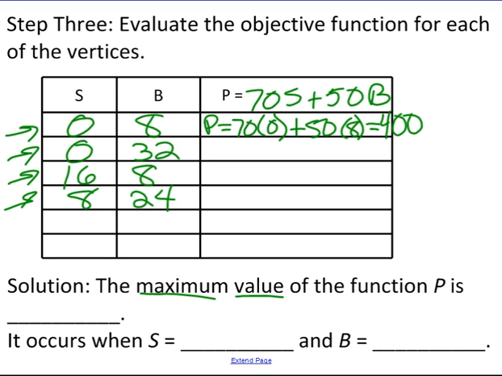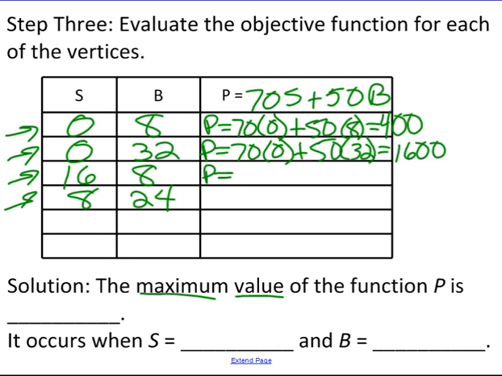I'm going to do the same thing for each of the points. 70 times 0 plus 50 times 32 gives me 1,600. Anytime we can make more profit, that's better. So 1,600 is looking better than the 400.